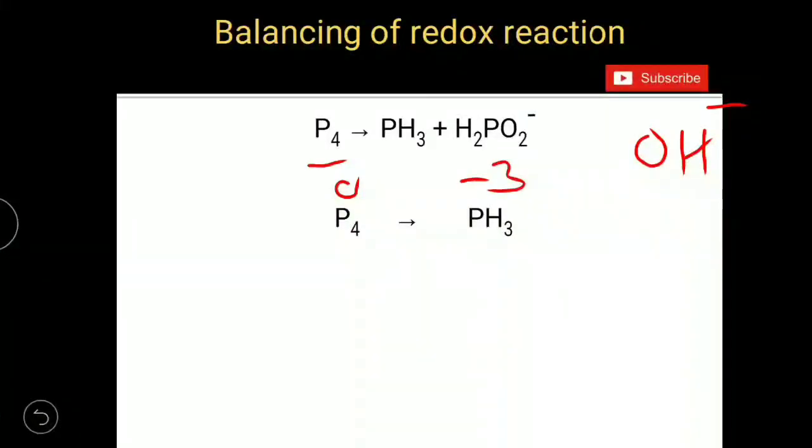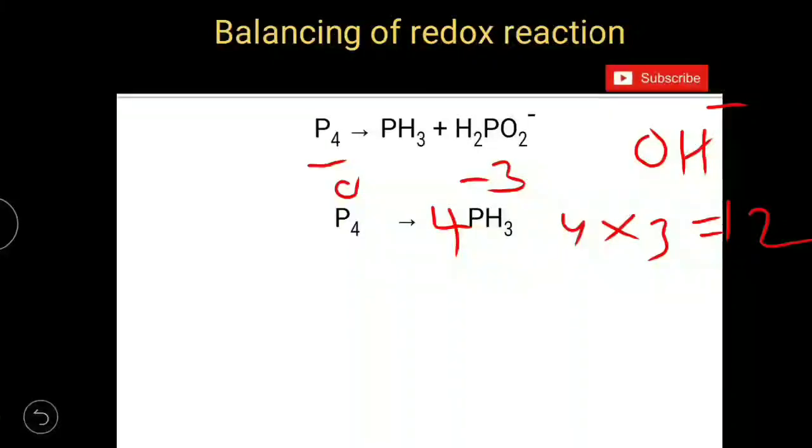So what is the difference in oxidation state? 3 units. But phosphorus atoms are not balanced. To balance phosphorus atoms, this PH3 should be multiplied with 4. Then what will be the n-factor? As we are getting 4 moles of PH3 and the difference in oxidation number is 3, 4 times 3, 12. The n-factor of this half reaction is 12.